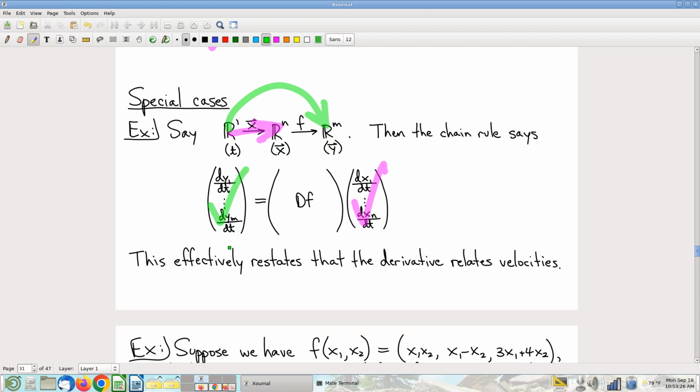So this little scenario where you have just a single input variable at the beginning kind of recovers what we already knew about the derivative matrix. The derivative of that f function relates input velocities and output velocities. Kind of old news. So, anyway, it's just an observation of what that special case looks like.